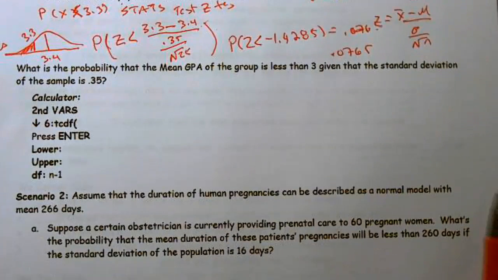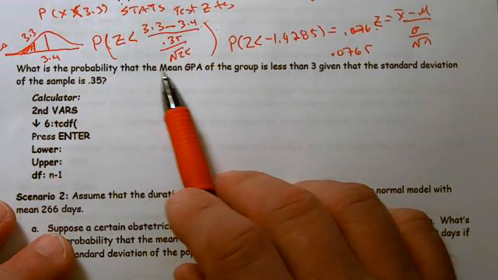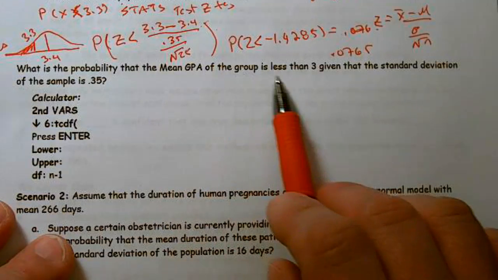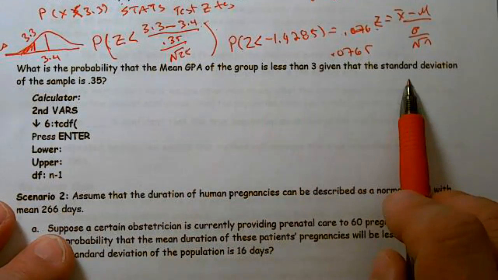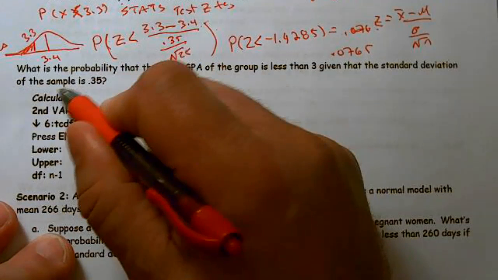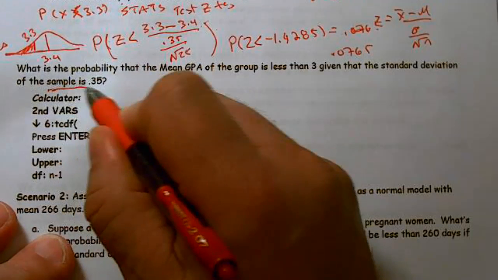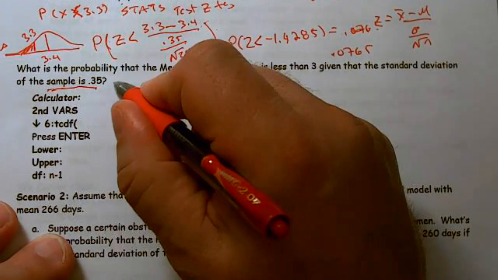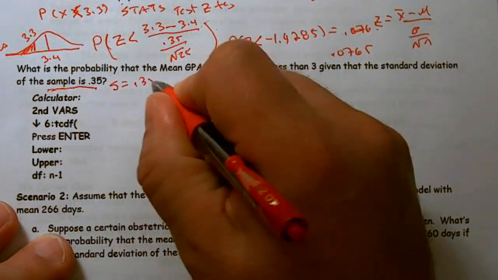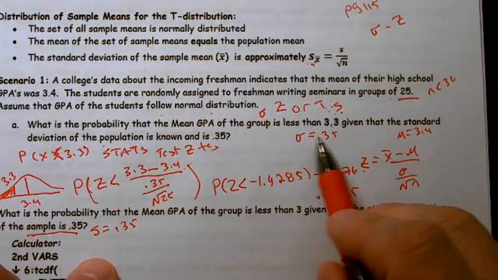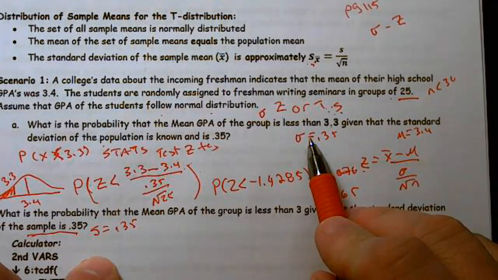All right, so the next thing says, what's the probability the mean GPA of the group is less than 3.3 given the standard deviation of the sample is 0.35? Whoa, so we changed this. We're now dealing with the standard deviation of the sample. So s equals 0.35. Notice up here, standard deviation of the population is 0.35.